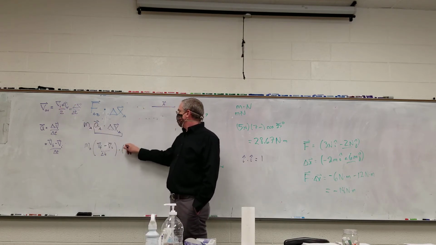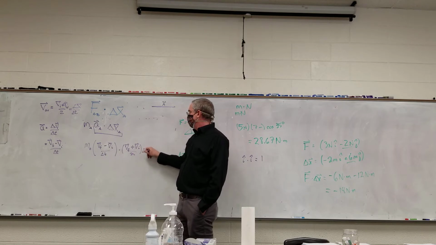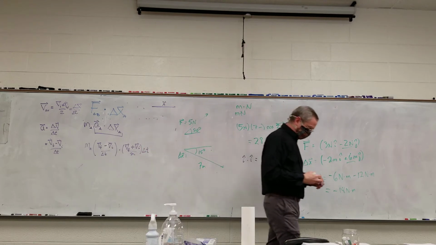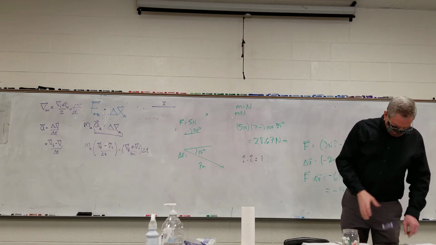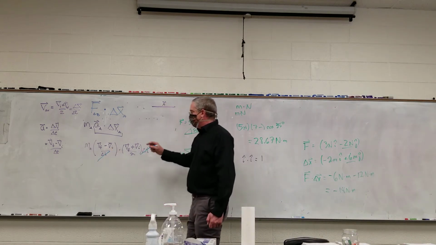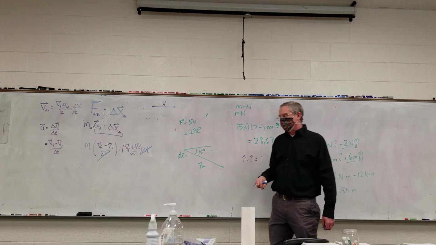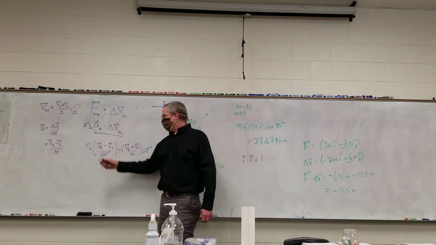So this is, I'm going to put VF first. VF plus VI over 2 times time. Time cancels out. The 2 is not really part of the dot product we're doing, so 2 can just come out front.